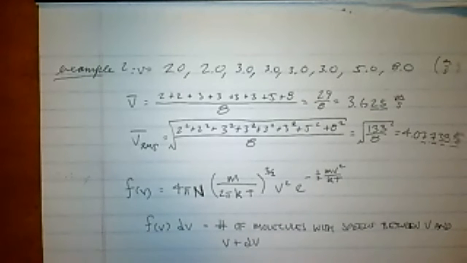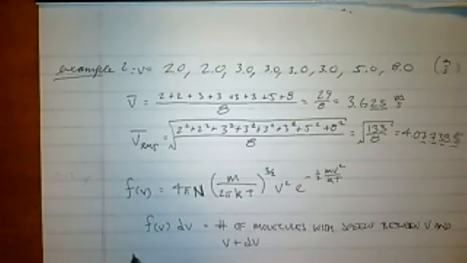That's it. Okay. So in other words, if you integrate it over all space, you'll find the total number of molecules in general, which obviously should give you n. But if you integrate it from, say, v equals 3 meters per second to v equals 300 meters per second, then you'll get the number of molecules that have speeds between 3 and 300 meters per second. That's really what that is.